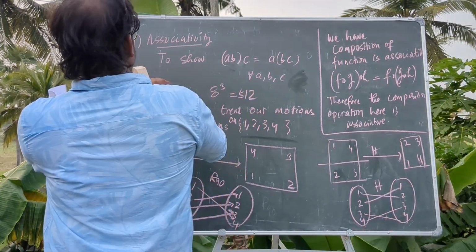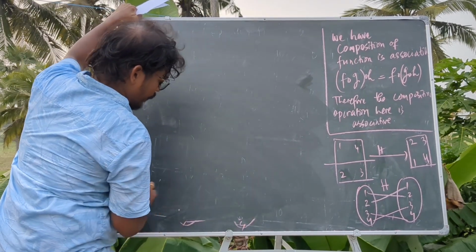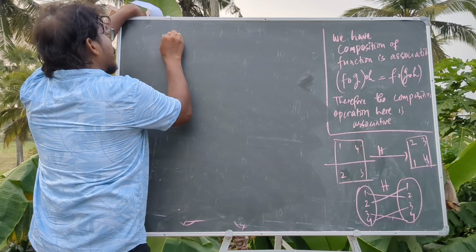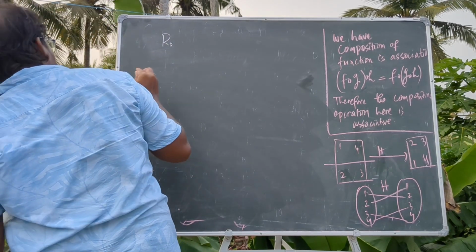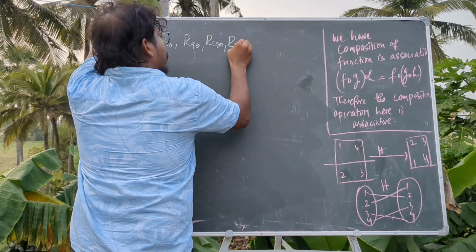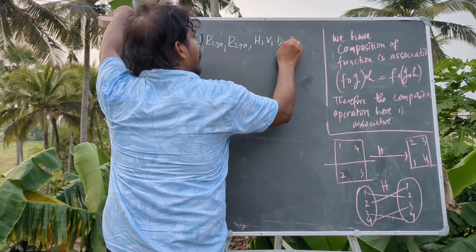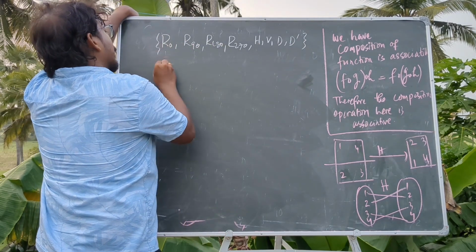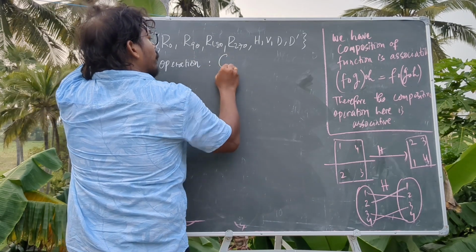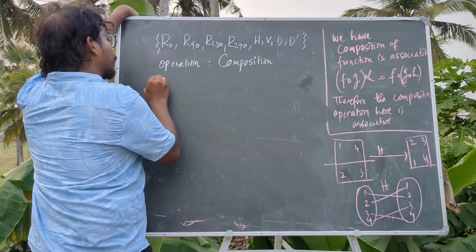And we have this set R0, R90, R180, R270, H, V, D, V dash. This set under the operation composition forms a group.